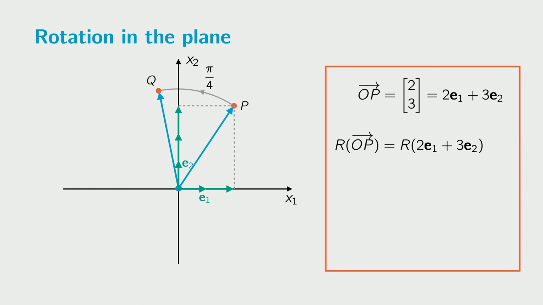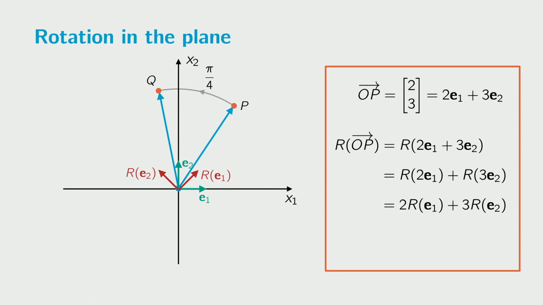By the properties of rotations, this is equal to the rotation of 2E1 plus the rotation of 3E2. In turn, this is equal to 2 times the rotation of E1 plus 3 times the rotation of E2. You see that all we have to know is what the rotations of E1 and E2 are.